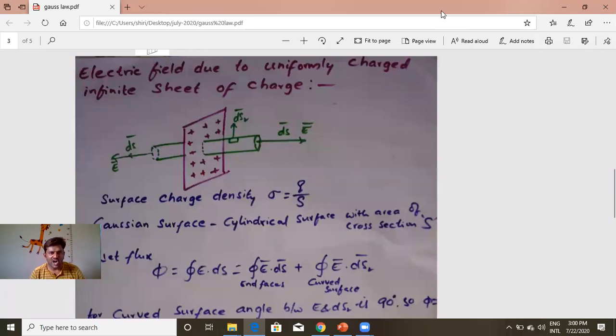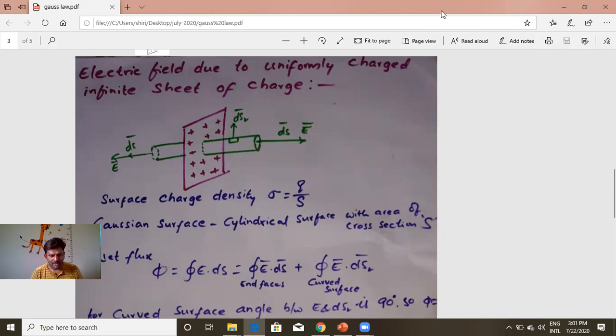This is about charge distribution in 2 dimensions. Earlier we saw the Gauss law application for a charge distributed over a length. Now we are seeing charge distribution over a plane sheet of charge.